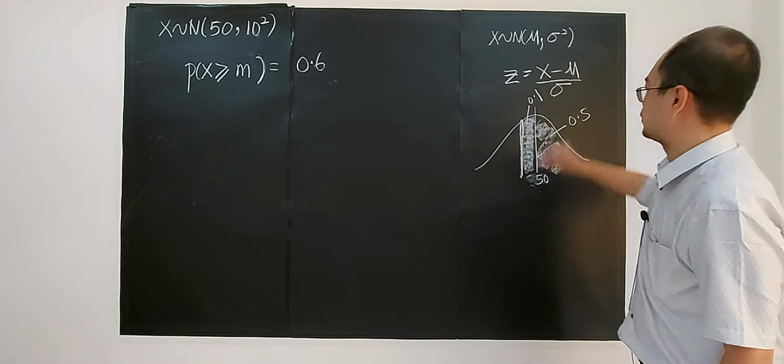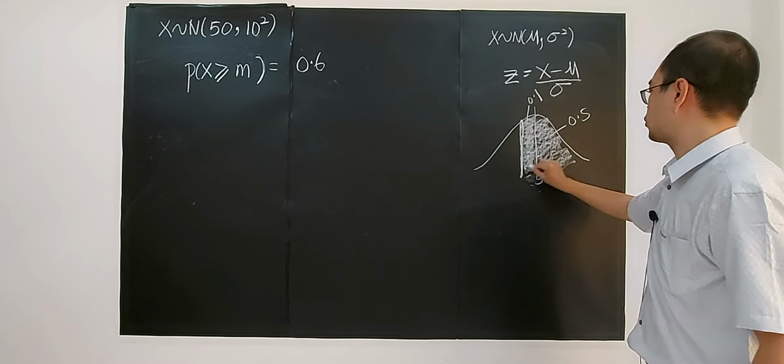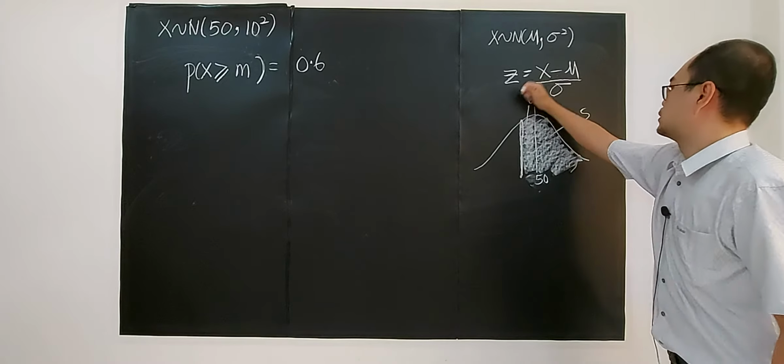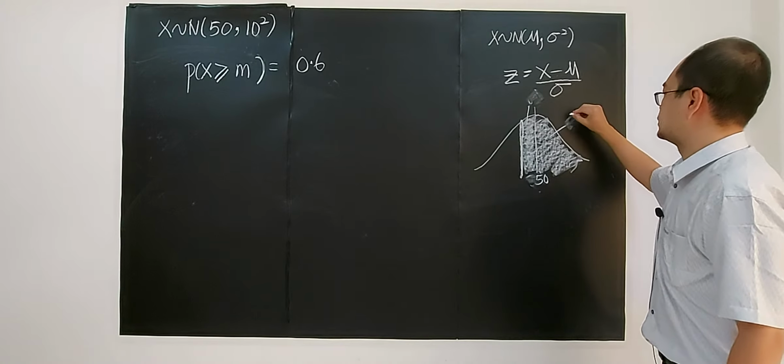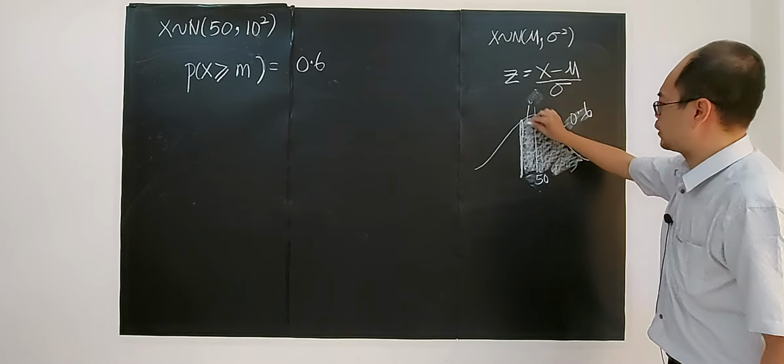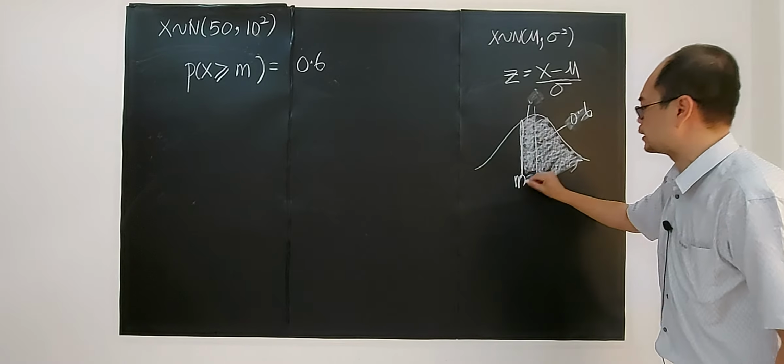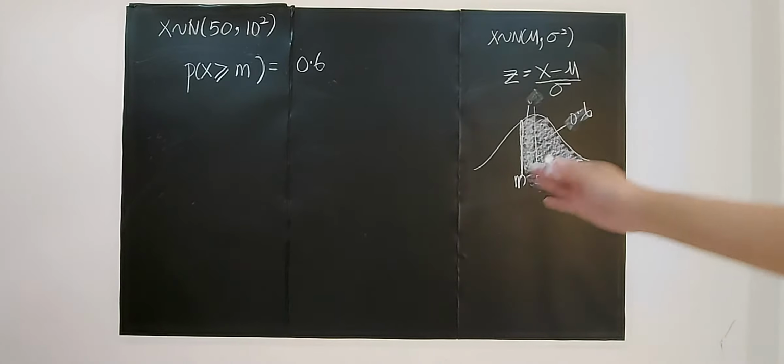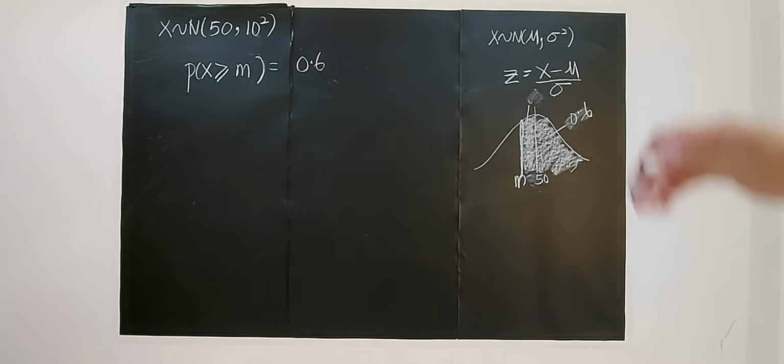Another 0.1. So in total everything here will be 60%: 0.6, 0.5 and a little bit of this. So the passing mark is less than 50 marks. Okay, doesn't matter. This is for your knowledge, all right?